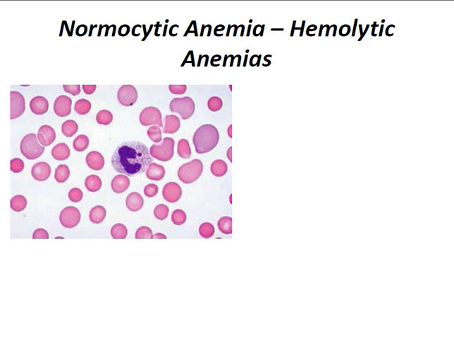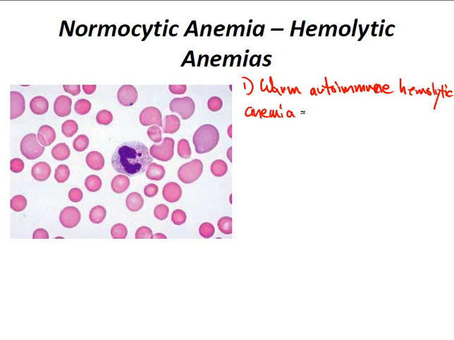Well, you have the warm autoimmune hemolytic anemia, which gives you a positive direct Coombs test. Now, this is the most common immune hemolytic anemia, and that is warm autoimmune hemolytic anemia.